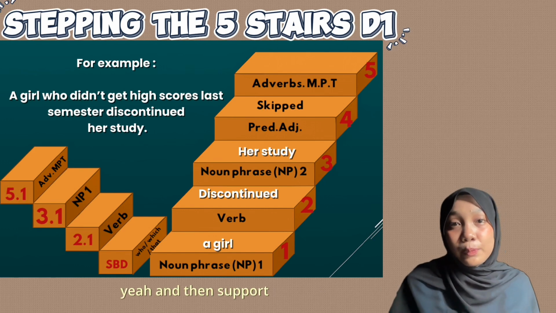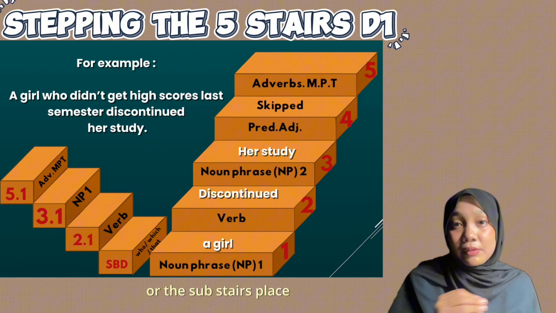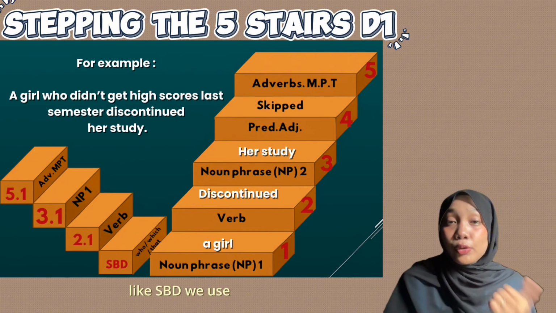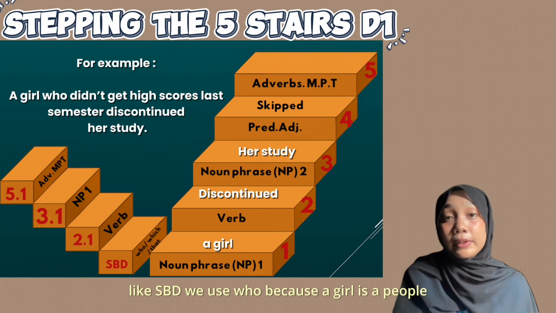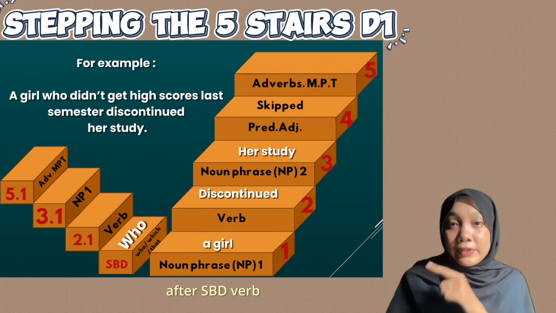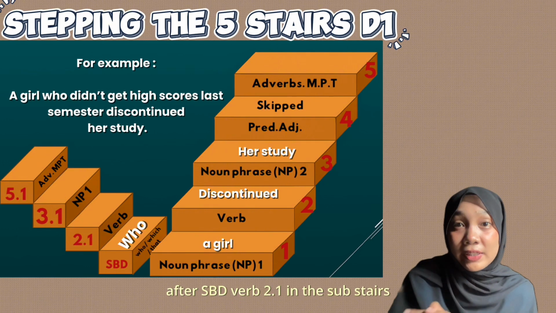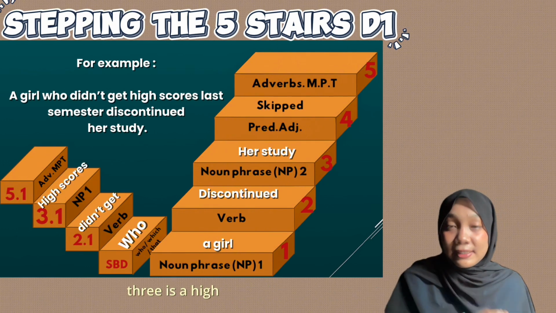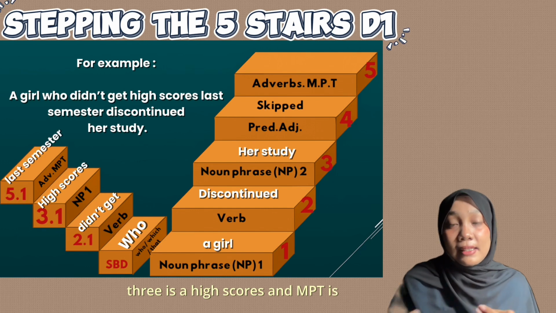Yeah, and then for the subordinate clause or the substairs, placed right after NP1, like SPD, we use who because a girl is a person. And then after SPD, the verb in the substairs is didn't get, and NP2 is high scores, and MPT is last semester.